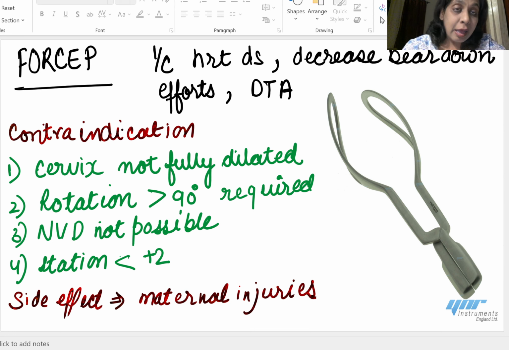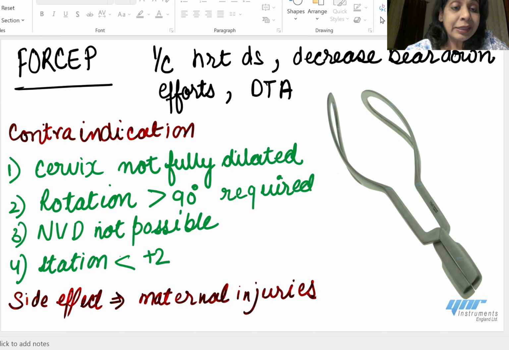Earlier it was allowed, and when we used it from 0 to +2, it was known as mid forceps, and if the station was less than 0, it was known as high forceps. Now only a station at or above +2 is allowed.